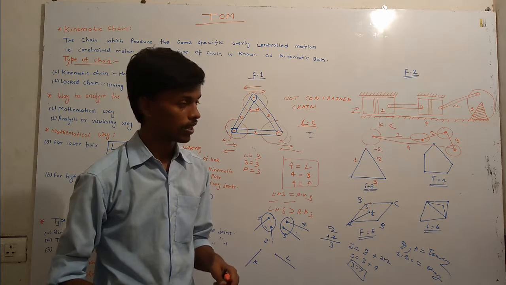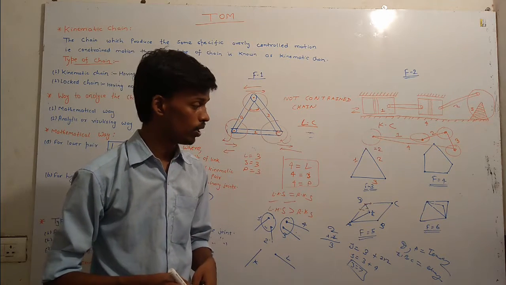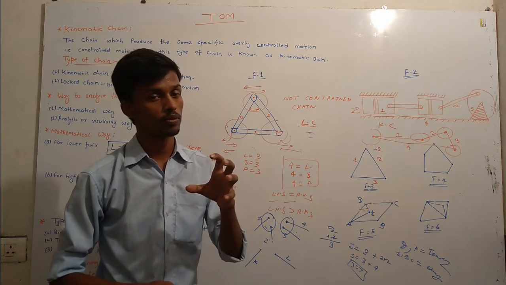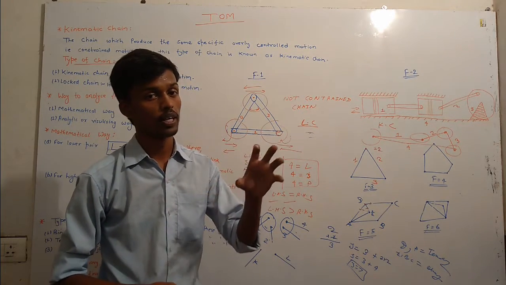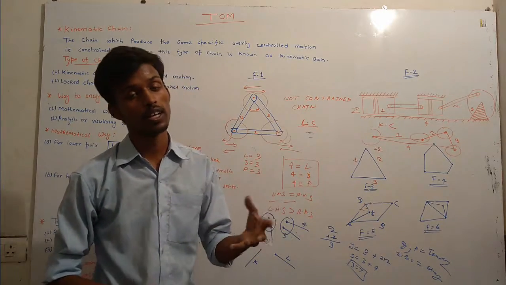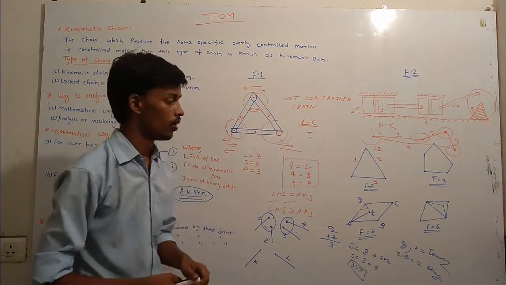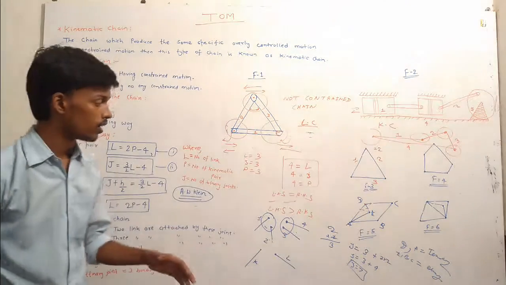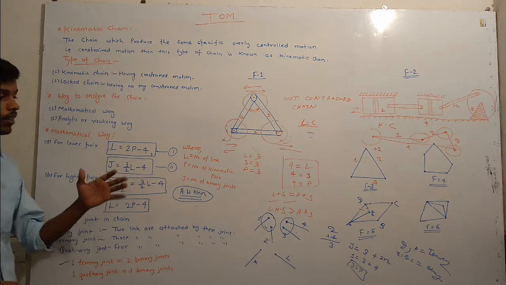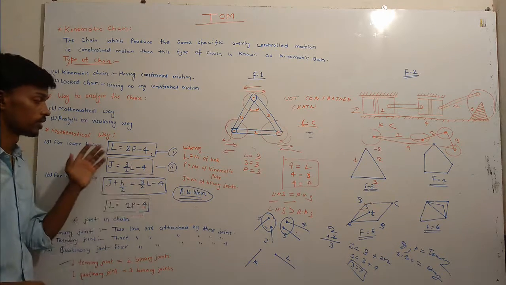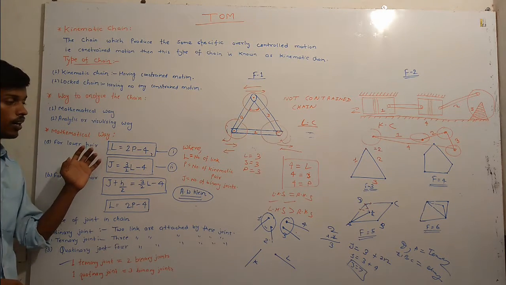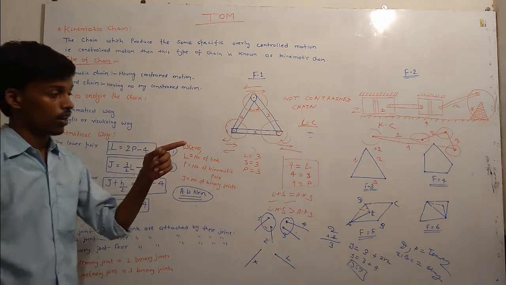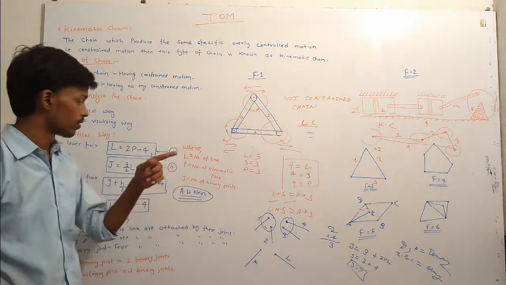After finding these values, try to find the value of j, the total number of binary joints available by replacing the ternary joints with binary and the quaternary joints with binary, as we did in figure number 5. After doing that, try to put the values of L, J and P in equation number 1 and equation number 2, and try to understand whether this arrangement is a kinematic chain or a locked chain.